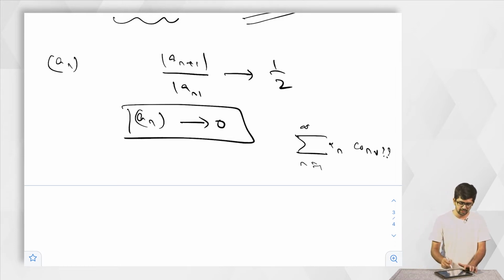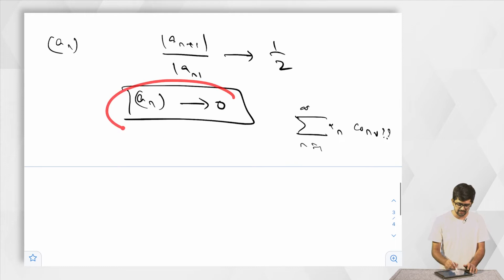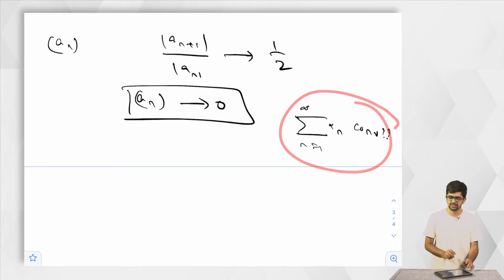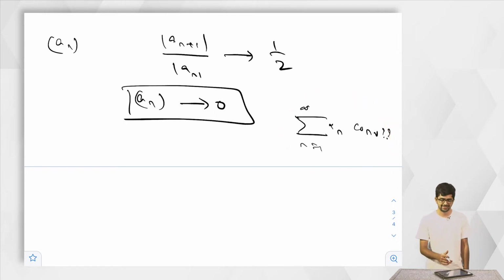Maybe I will just quickly write down the proof for this. Mod a_(n+1) by a_n is going to half. Why would that imply a_n goes to 0? Then, once I know that a_n goes to 0, the next question to ask is whether this is convergent or not. That is the next step. Okay, let us first see this, then we will try to proceed here.